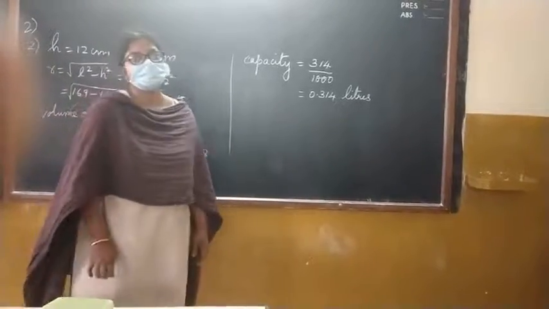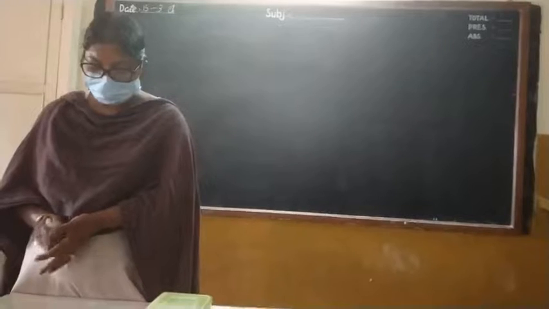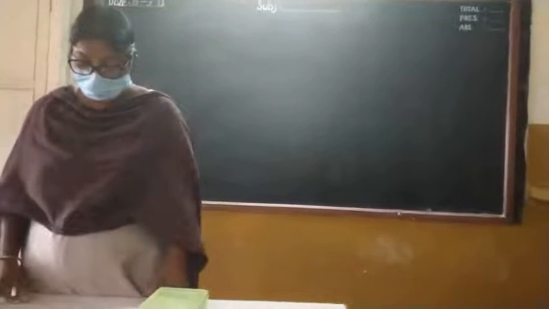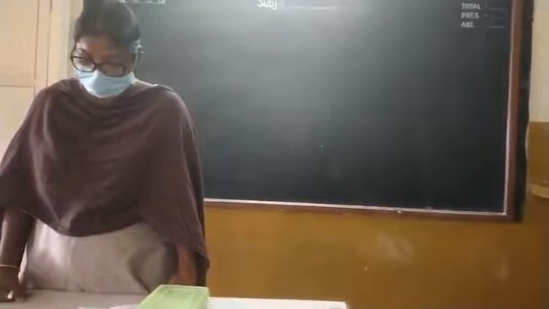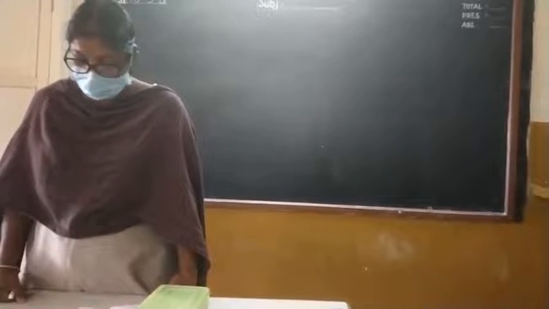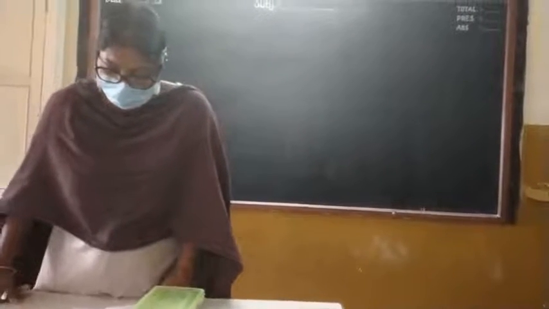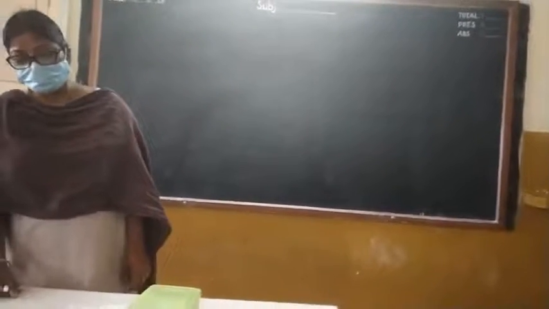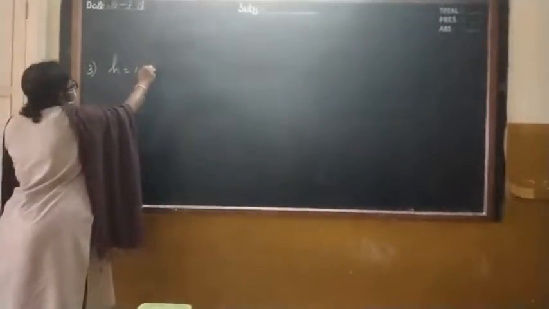Next question: the height of the cone is 15 centimeter. If its volume is 1570 centimeter cube, find the radius of the base. You have to use pi is equal to 3.14. Okay. So height is given, H is equal to 15 centimeter.